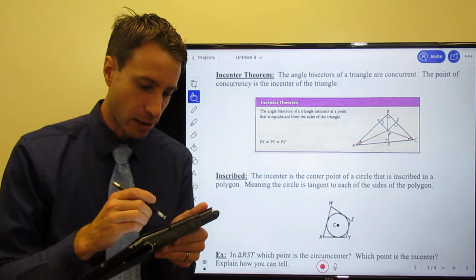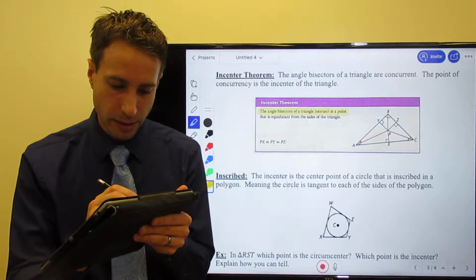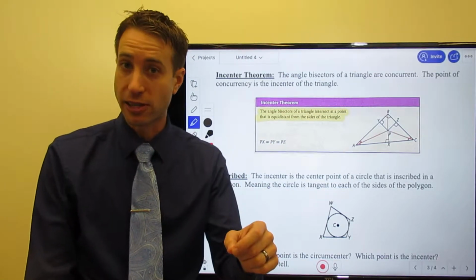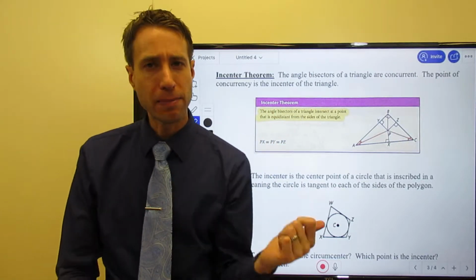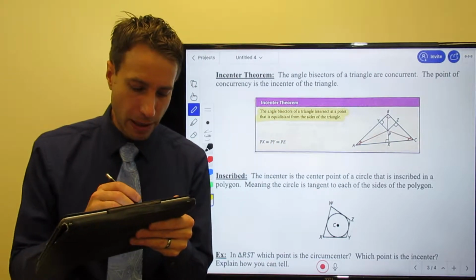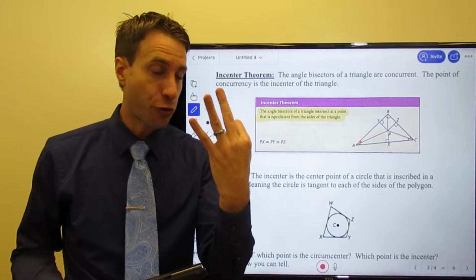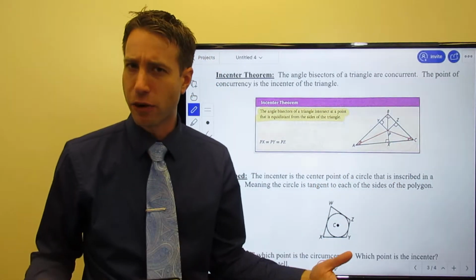So the in-center, here we go. The in-center is based on finding the point of intersection of angle bisectors. I know it might be a little difficult to see on my diagram, so let me do these in red. It's a triangle. I have 3 angles, A, B, and C, and 3 vertices.